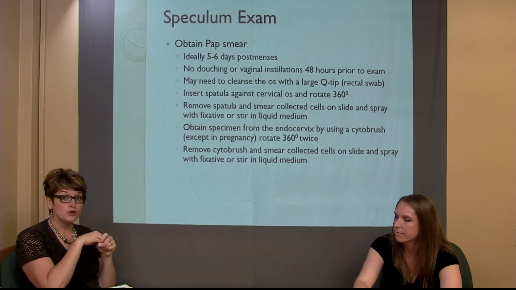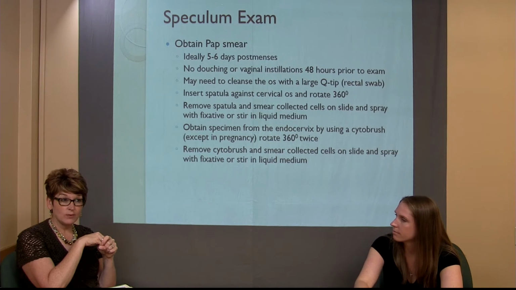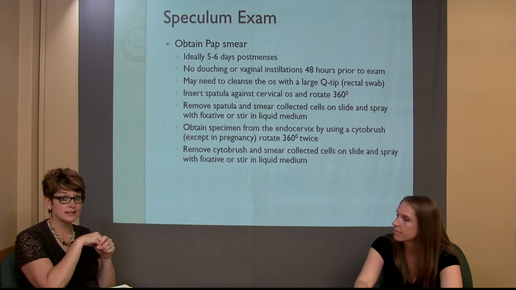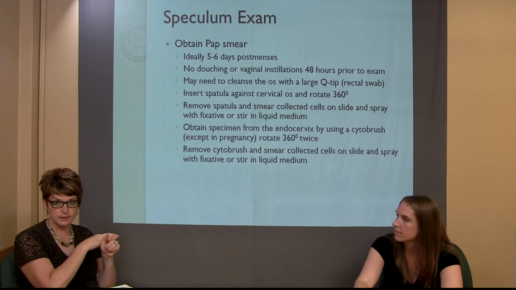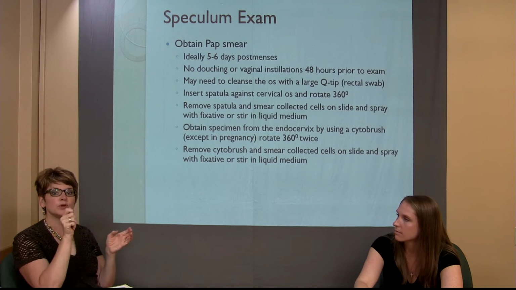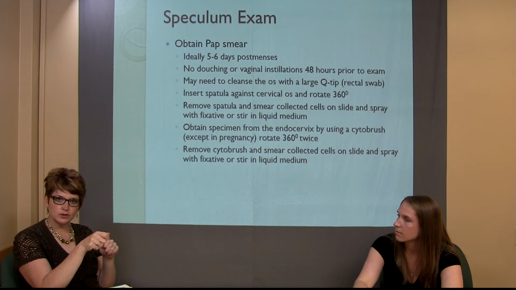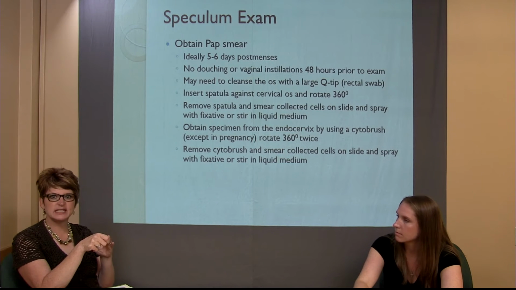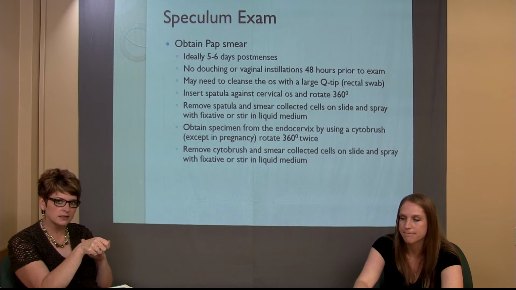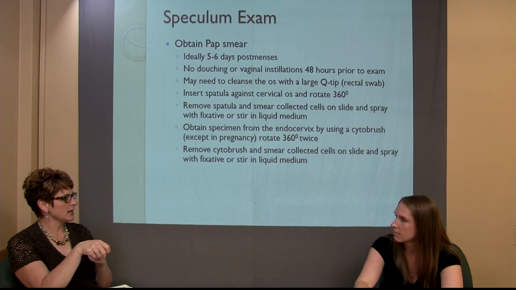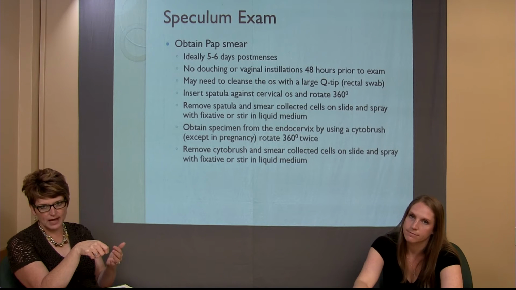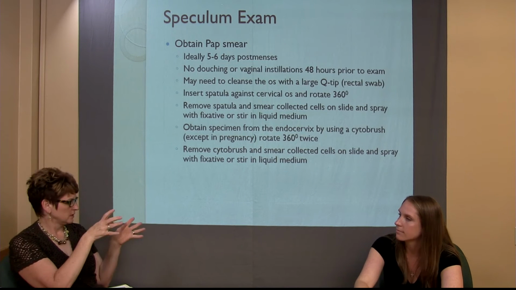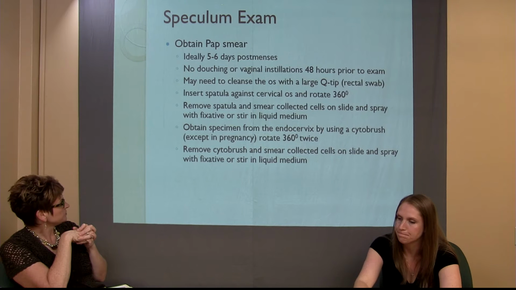If you're evaluating somebody 25 years of age or younger, they probably need chlamydia and gonorrhea testing, and or if they have had multiple partners, new partners, and or have symptoms. What I tend to say is I'm going to put this Q-tip right at the opening of your cervix. This is the one that needs to sit here for 30 to 60 seconds. We've got about 15 more seconds, so I try to talk about something in the meantime to help that time go a little faster. Turn it and send it off for evaluation.